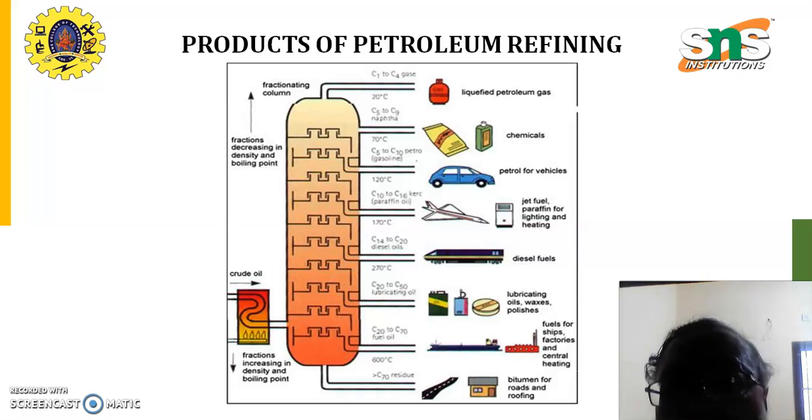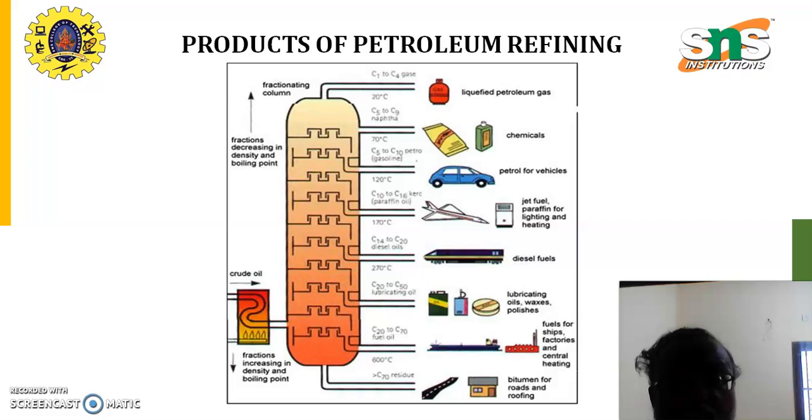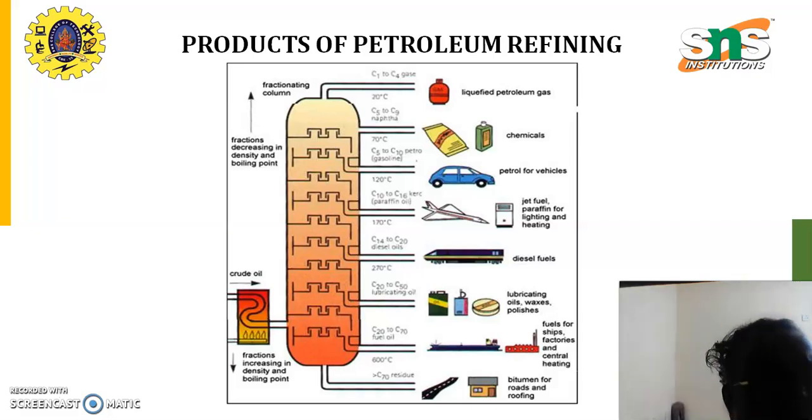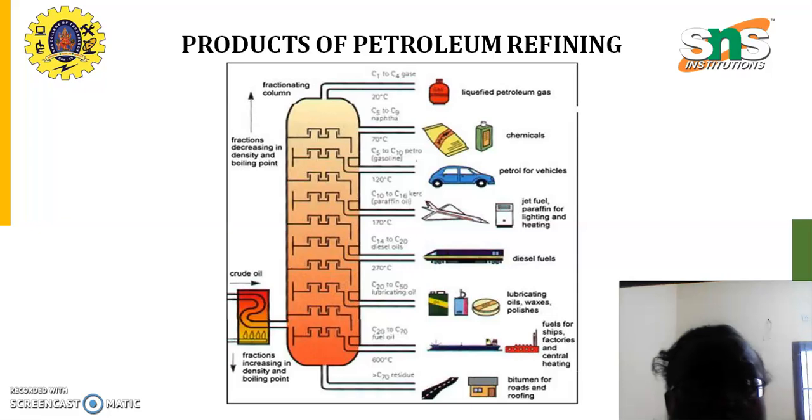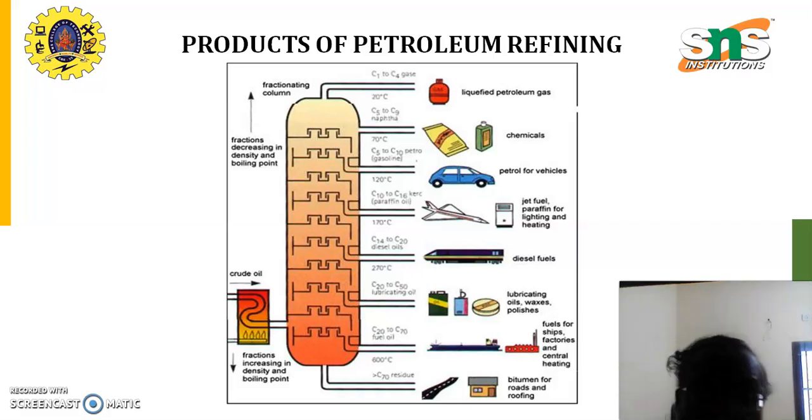After that, we are getting the lubricating oils, waxes and polishes by heating to more degrees Celsius, like 300 to 400 degrees Celsius. When we are heating up to 600 degrees Celsius, that is C20 to C70, we are getting the fuels for ships, factories and central heating purposes.